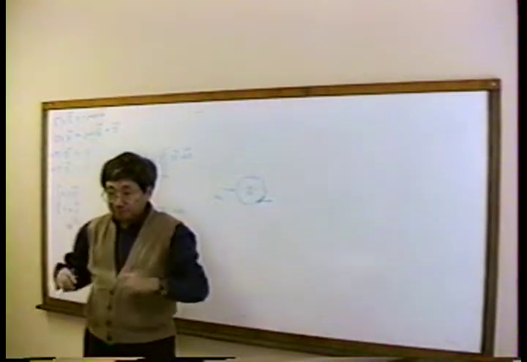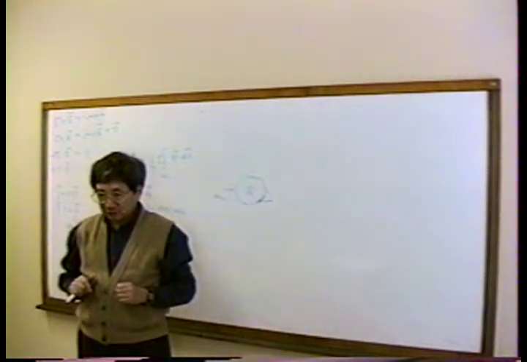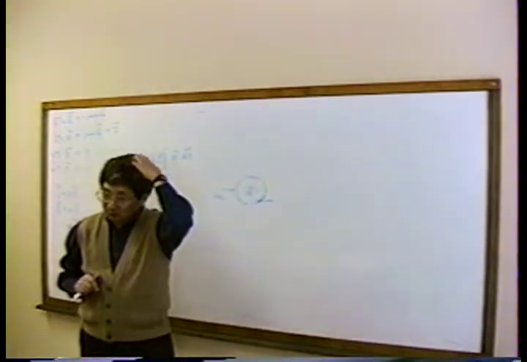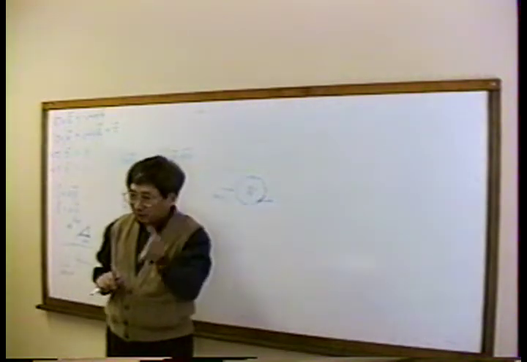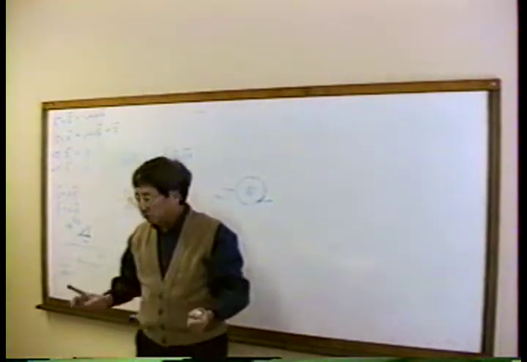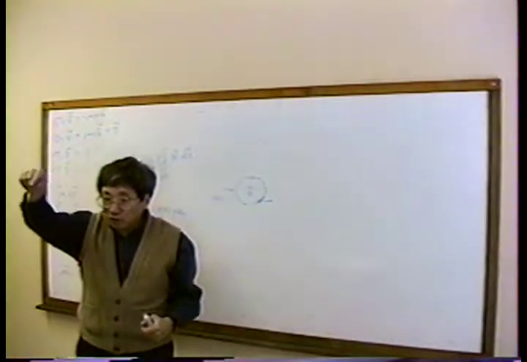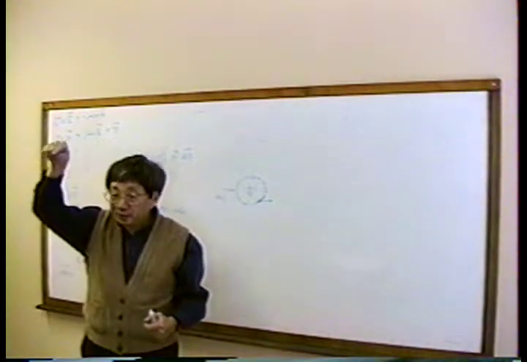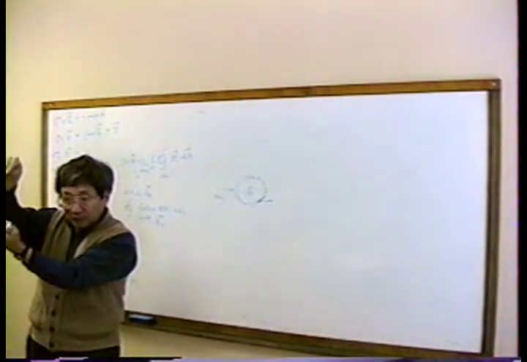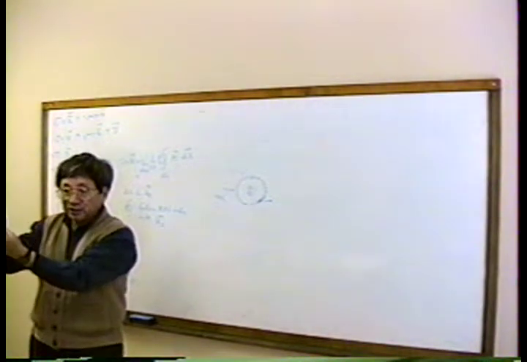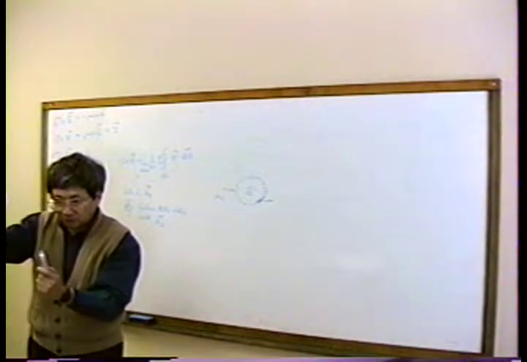Now, let's forget about the magnetic field. Just think of the magnetic field as a vector function of x, y, z, which means this is x, that's y, that's z. I want to know the curl of H at this point. I want to know all its three components. That's the only way you can get that vector.